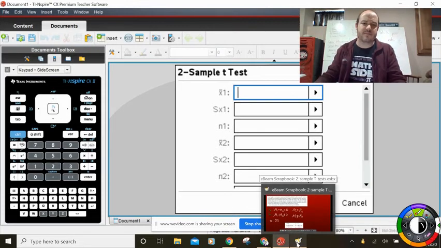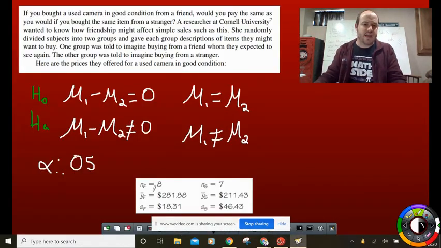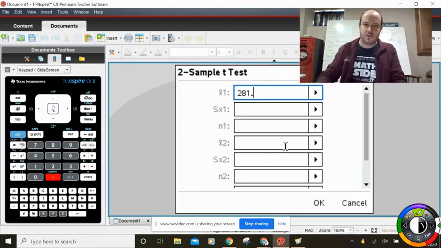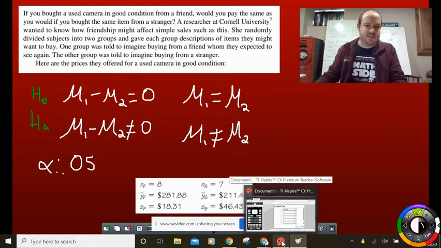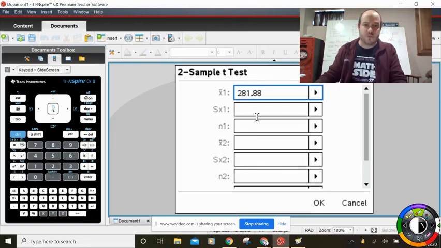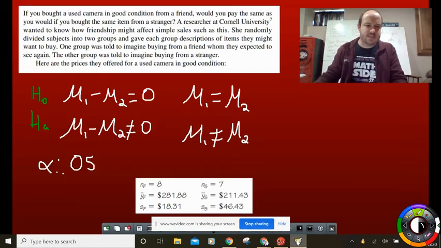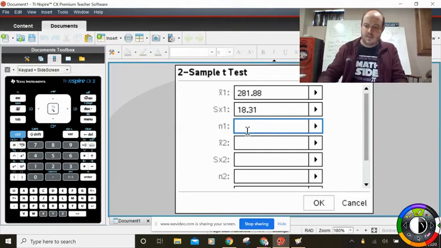First off, looking at the first sample, we have a mean of 281.88, a standard deviation of 18.31, and a sample size of 8. And the other sample size over here is 7, just so I don't have to keep flipping back and forth.